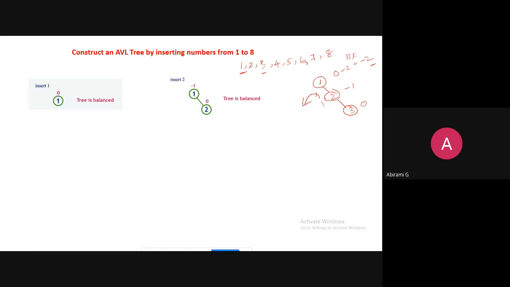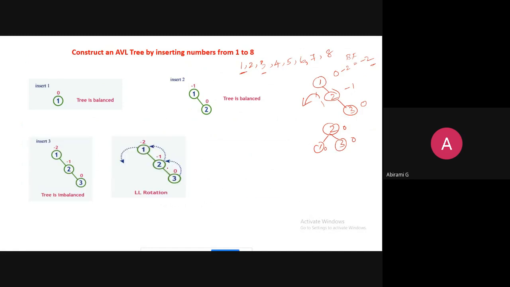This is case number 2, right imbalance, so left rotation: 2 will go here, with 1 and 3. Now check the balance factors. They are all 0. Now the tree is balanced.